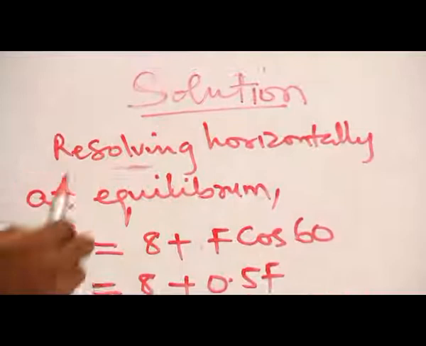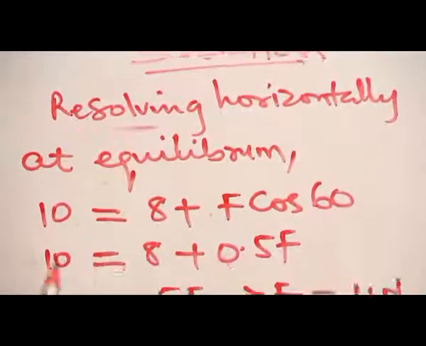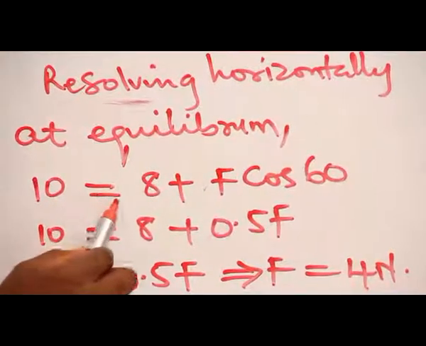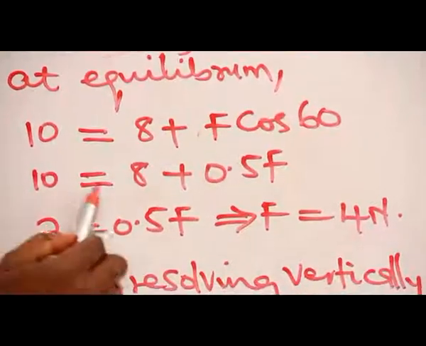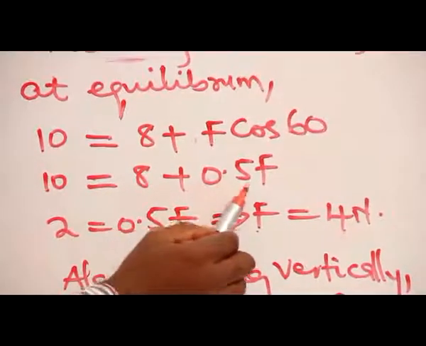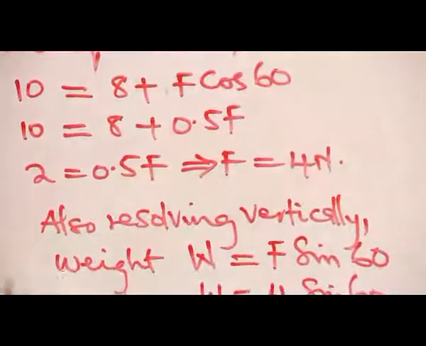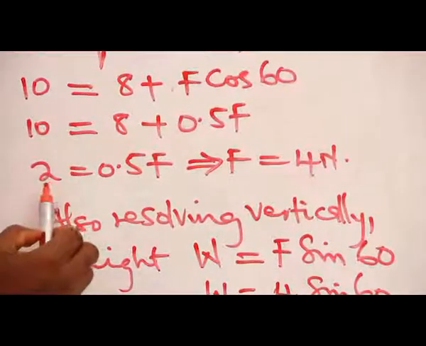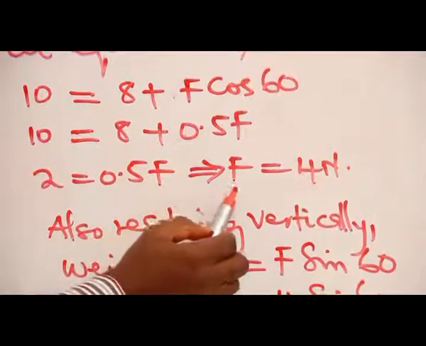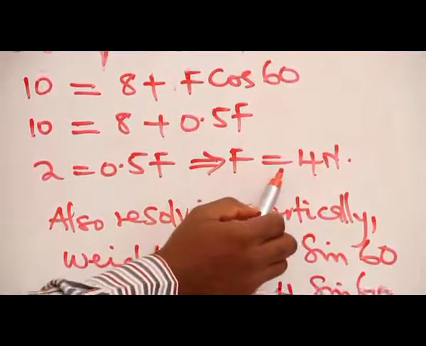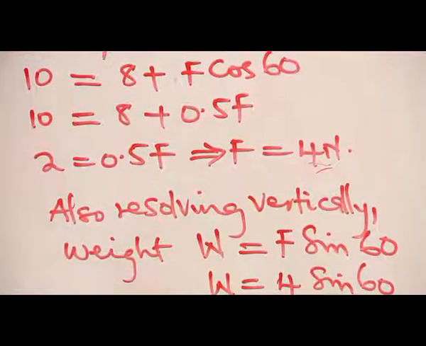Solution. Resolving horizontally at equilibrium, 10 equals 8 plus F cos 60. 10 equals 8 plus 0.5 F because cos 60 is 0.5. Then 2 equals 0.5 F. Therefore, F equals 2 divided by 0.5, which is 4 Newton.